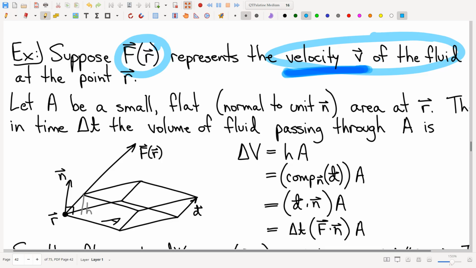And so there's our field vector, by the way. Let's consider a small flat area like this. Some small flat area.